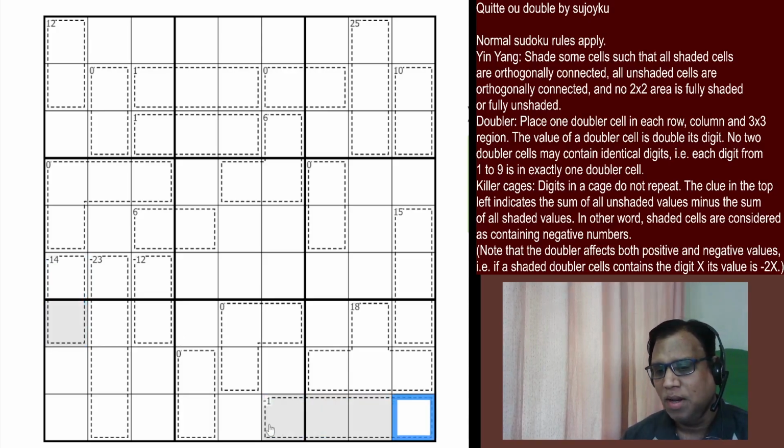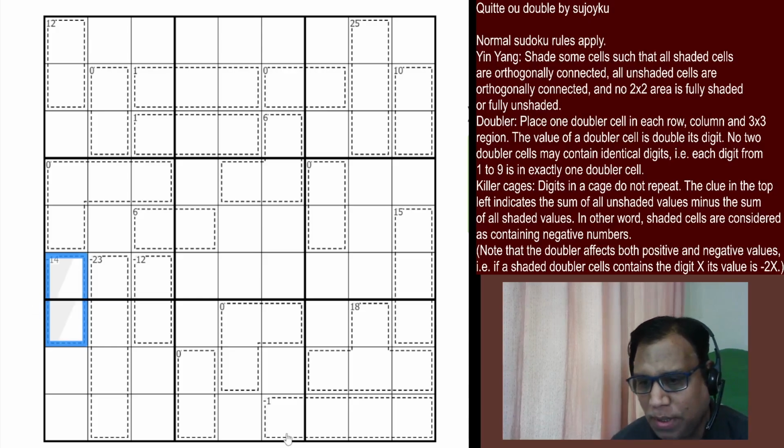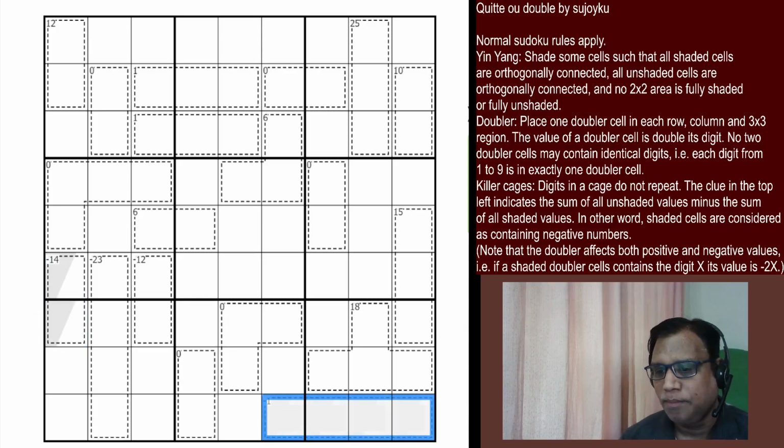But in -1, definitely there is one shaded and one unshaded. But in 14, there could be both unshaded or one shaded or one unshaded. But there is definitely some shading involved in 14 and some shading involved in -1.